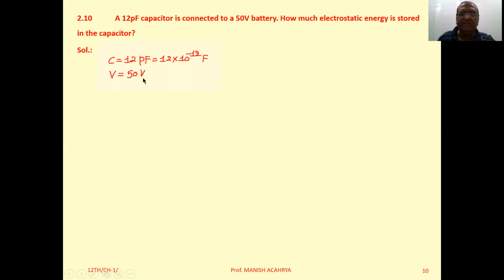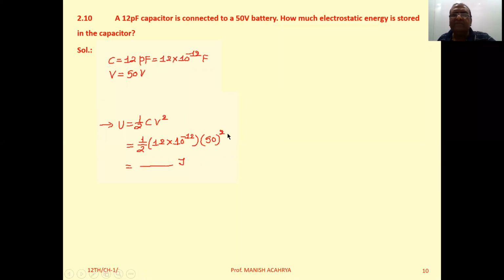Supply voltage, that is 50 volt. Now energy stored in the capacitor is given by the equation U equal to half CV square. So half C, that is 12 into 10 raised to minus 12, V, that is 50, take square of it. Now solve this one, you will get the energy stored in the capacitor.